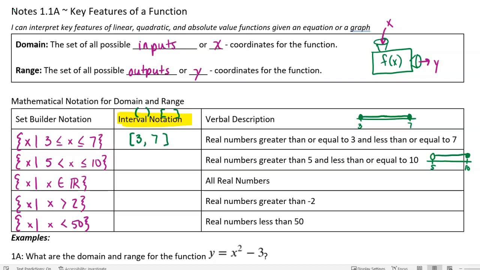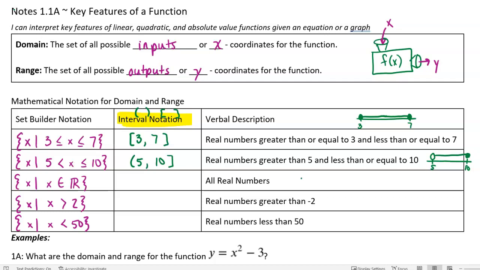So that's going to be everything in between those. So we're going to have an open circle at 5 and a closed circle at 10. The way that we would represent that using interval notation is we use a parenthesis anytime an endpoint is not included. So at 5, that endpoint is not included, but at 10, the endpoint is included. So we would have a bracket at 10.